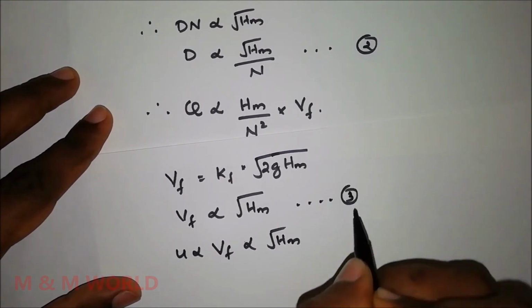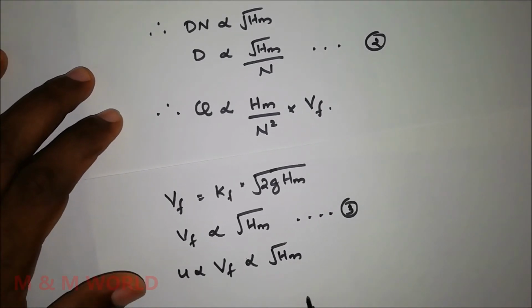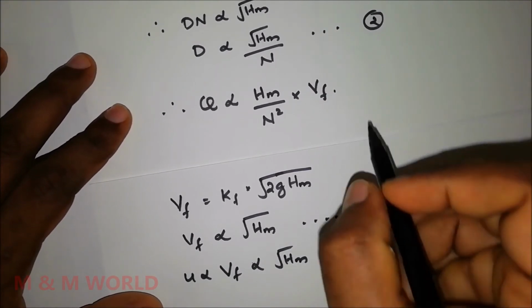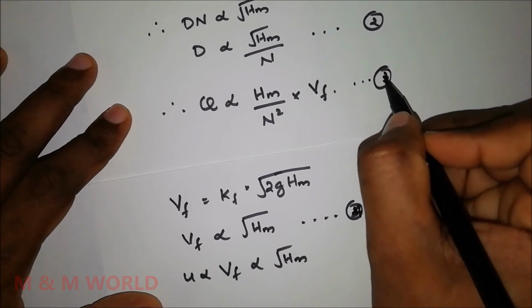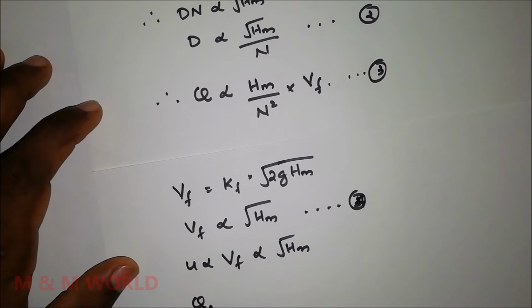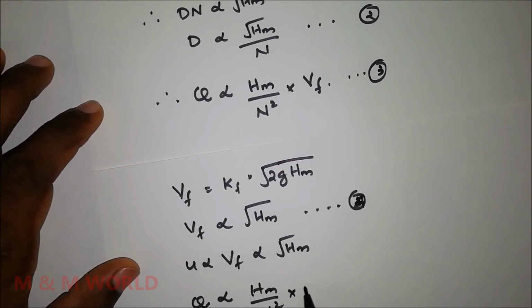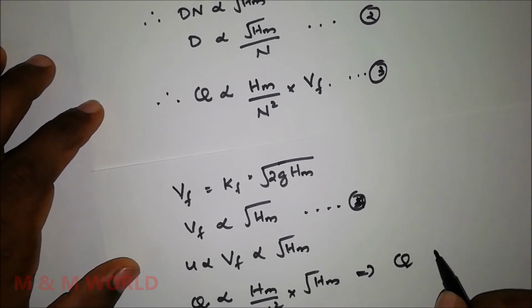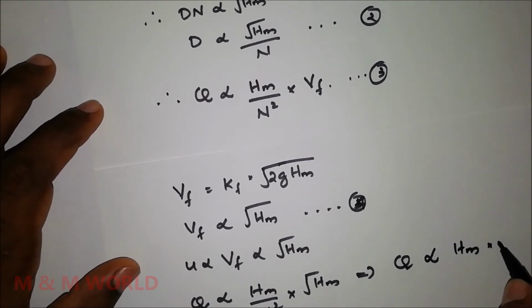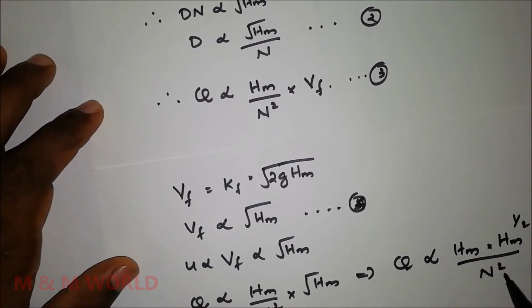Mark this as equation number 3, and this as equation number 4. So substitute the value of equation number 4 in equation number 3. Therefore Q is directly proportional to Hm by N square into root of Hm, which implies that Q is directly proportional to Hm into Hm raised to 1 by 2 by N square.